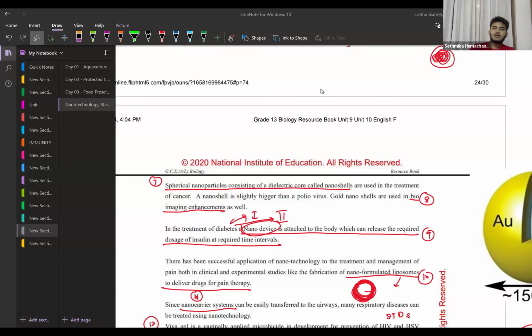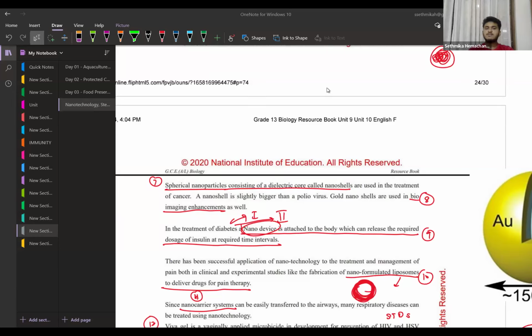Involved in treatment of cancers and bioimaging enhancements as well, right? Treatment of cancers and bioimaging enhancements as well. So those are the two main functions of nanoshells.